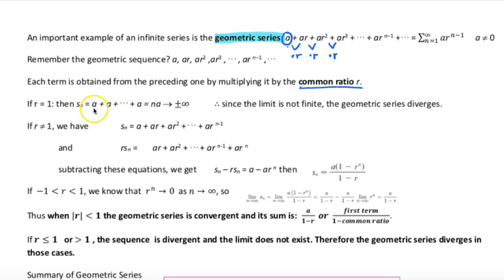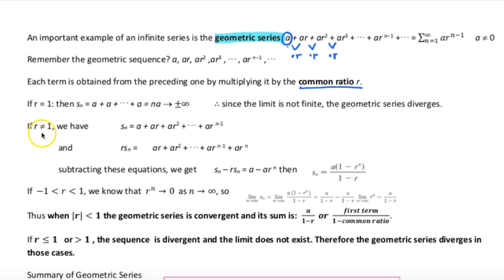It doesn't matter how large or how small a is. If a is 1/10,000th, and I'm adding to it an infinite number of these 1/10,000ths, I'm still not going to converge. This geometric series will still diverge to either positive or negative infinity. If I have a huge a, well, this is going to get very, very large very quickly. Still positive or negative infinity.